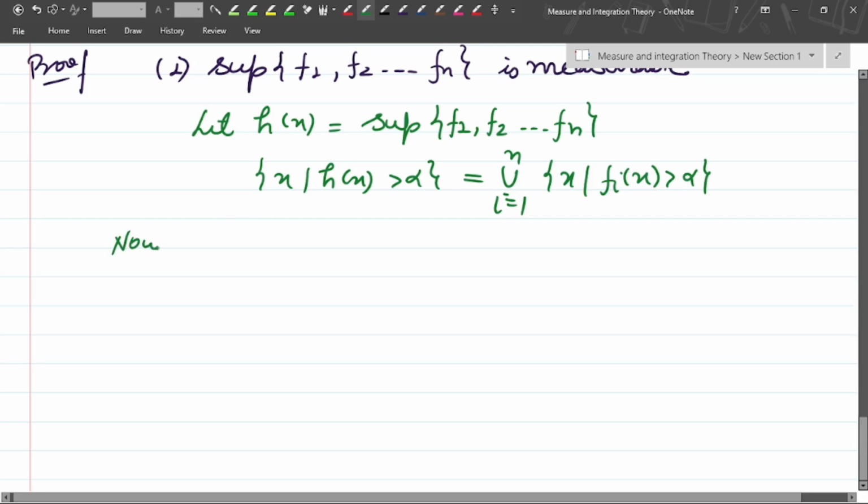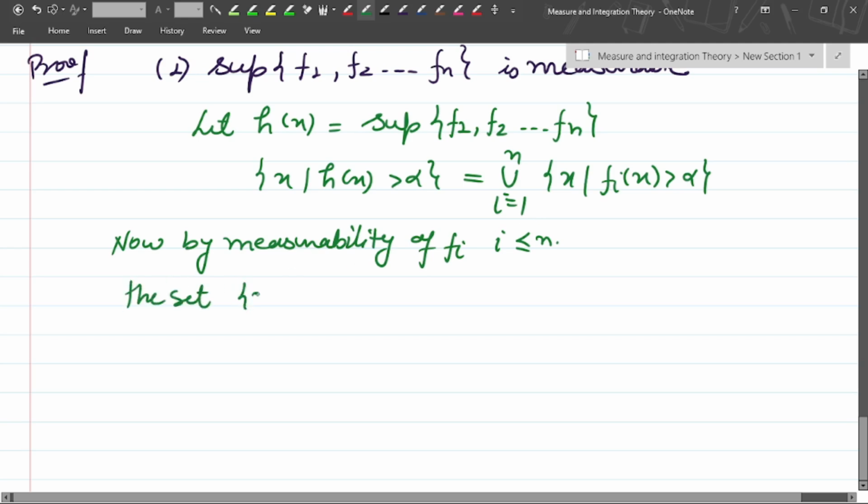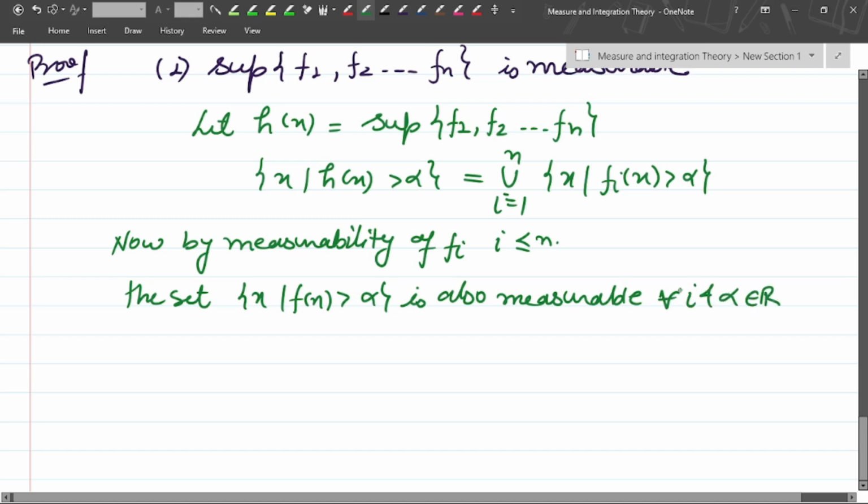Now by measurability of the functions fi, for i less than or equal to n, where n belongs to the natural numbers, for each i the set of x such that fi of x is greater than alpha, by the definition of a measurable function, is measurable for each i and alpha belonging to the real numbers.